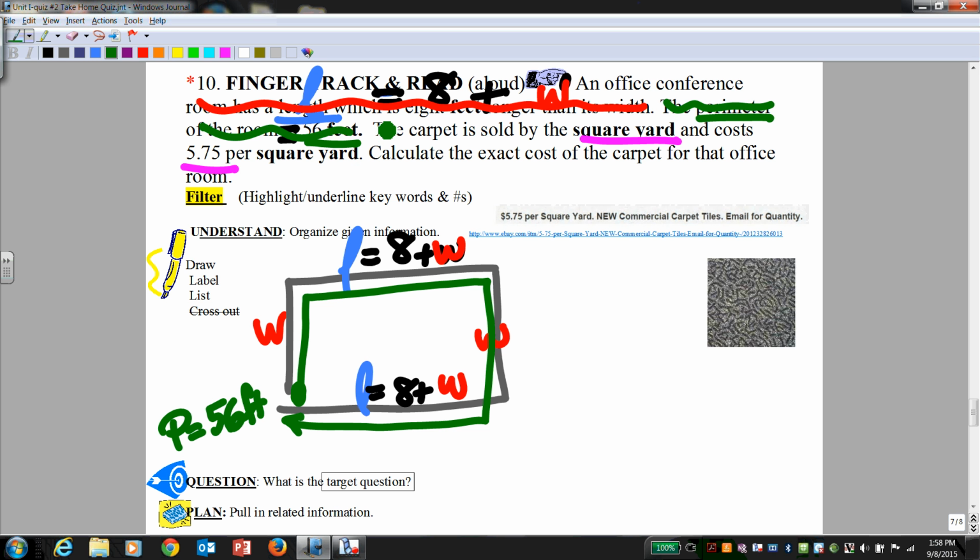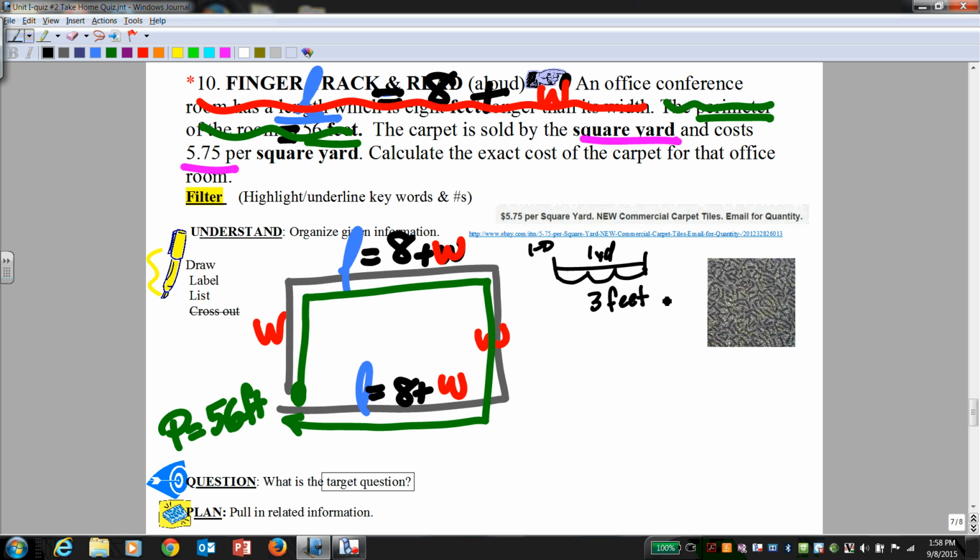Carpet is sold by the square yard. Now watch very, very carefully. This is the tricky part, and this is where contractors could take advantage if you're ignorant. You all know that in the first dimension, 1 yard is 3 feet, right?